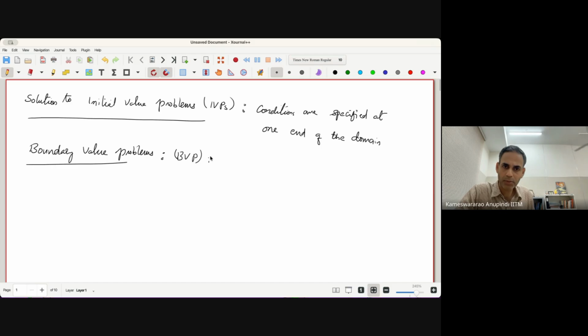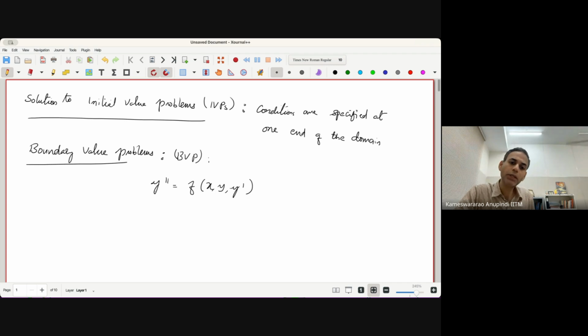Boundary value problems arise when you specify the conditions, or let me put it this way. Say you have a differential equation, y double prime equals some f of x comma y prime.